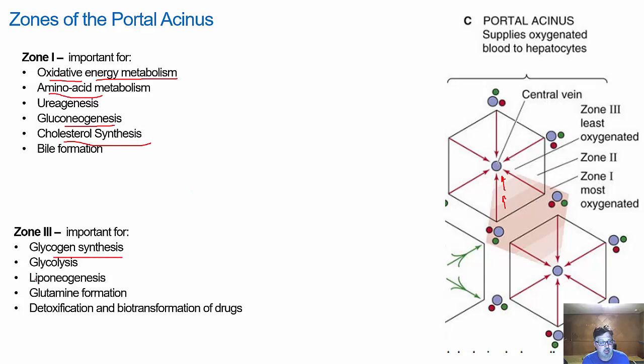It's also important for glycolysis, breaking down the glucose for energy, and lipogenesis as well, making lipids from non-lipids. So we'll get to that later on. So we can see that these different zones do indeed carry out different types of reactions. Now, with that said, let's take a look for a moment at bile formation.